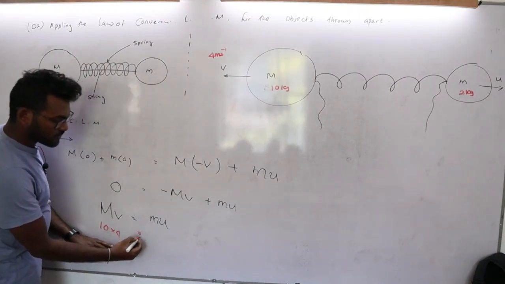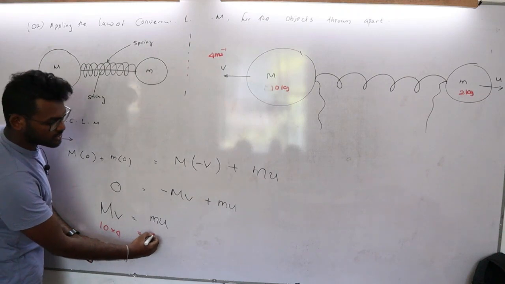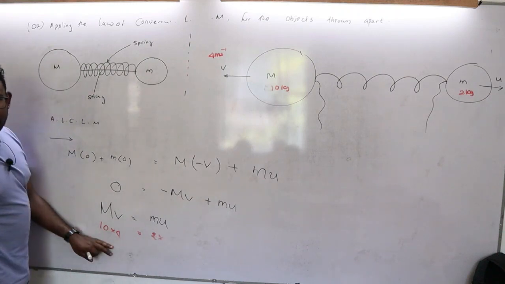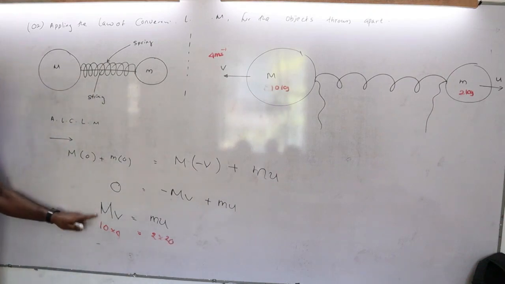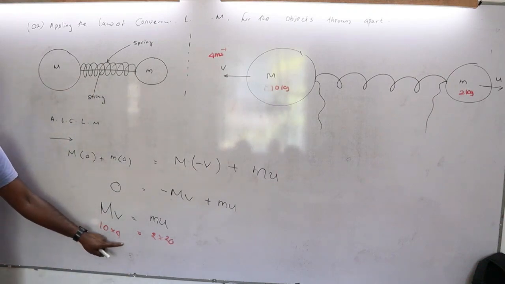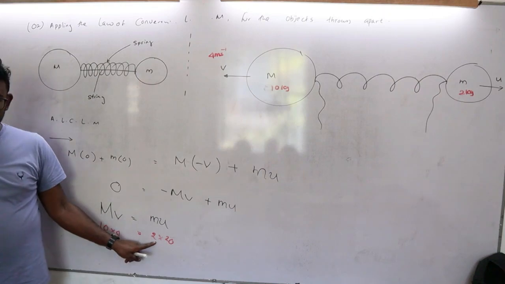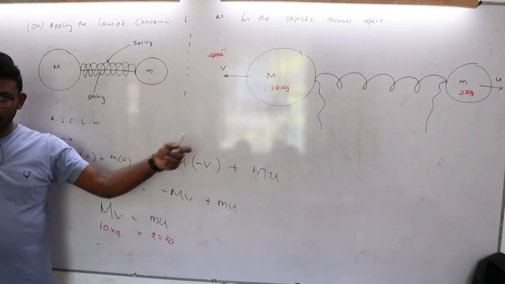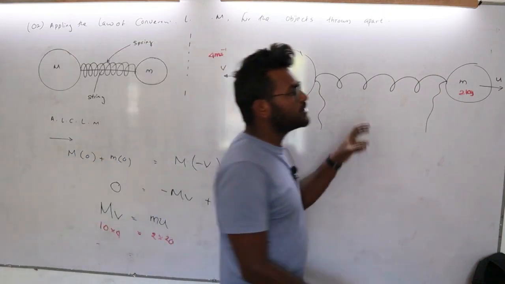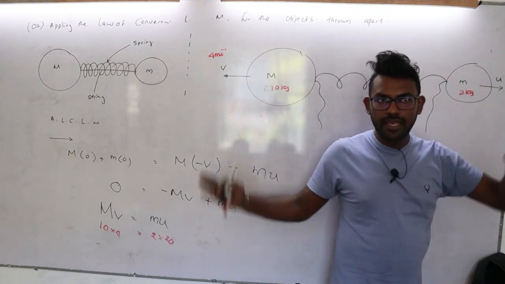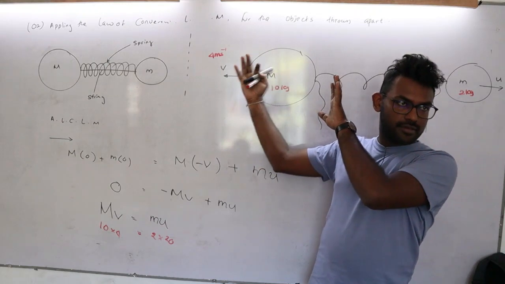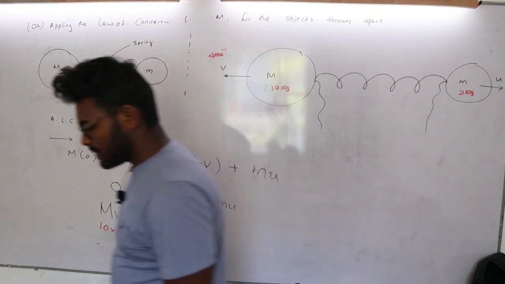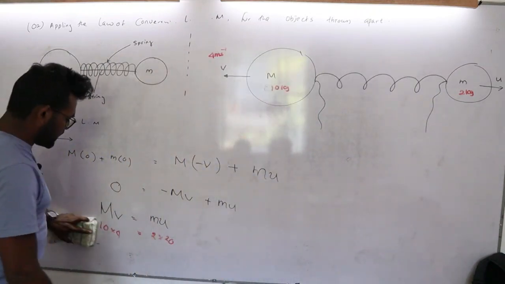So this should get 2 into what to make the same 40? 20. So see here, higher the mass, smaller the velocity it is. Smaller the mass, higher the velocity it gets. Which means the smaller guy will shoot up faster than the guy with the higher mass. Right? That's something you should see.